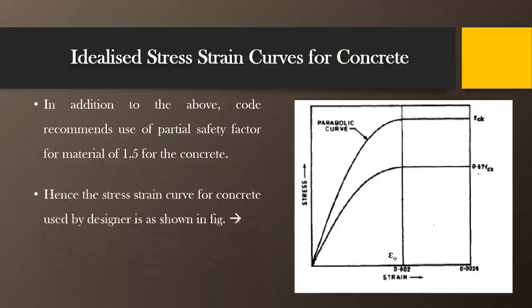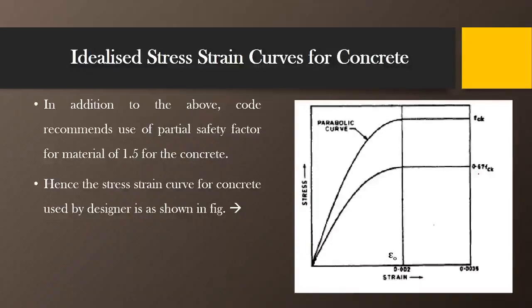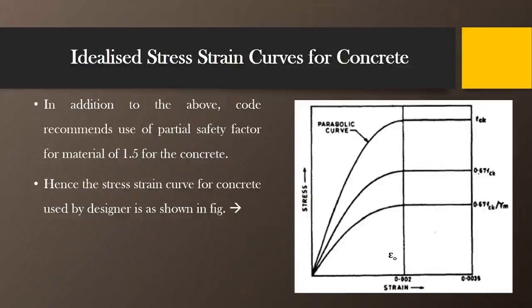After performing this step, we'll get one more revised curve like this, and that curve is called the design curve. This is the design curve, and we are going to use it in all design processes in further lectures.